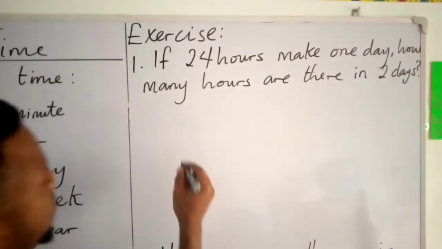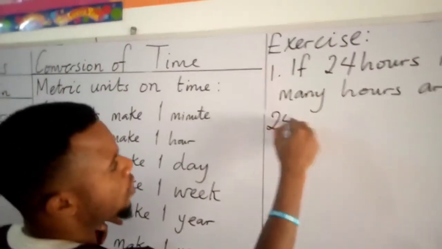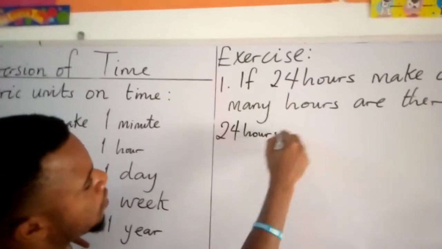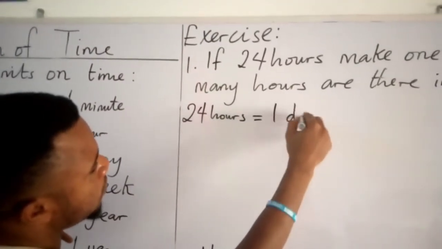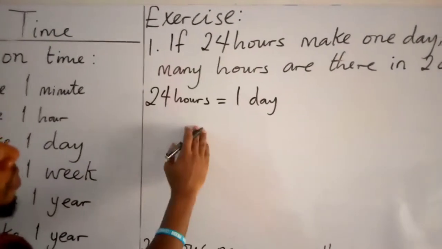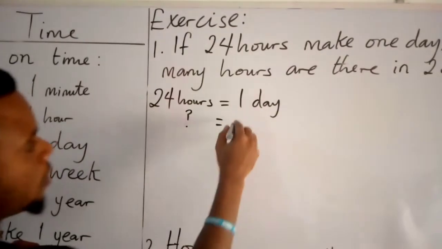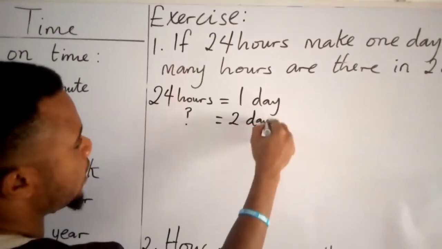We don't know yet. So remember our relationship: 24 hours make 1 day. So you write it out: 24 hours is equal to 1 day. Now, how many hours are there in 2 days? We don't know, so we use an unknown.